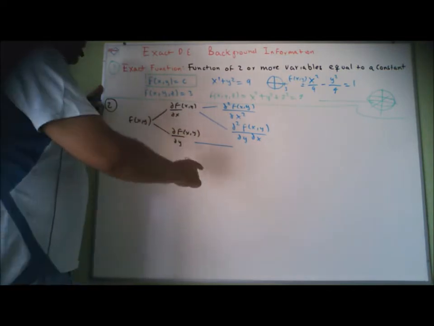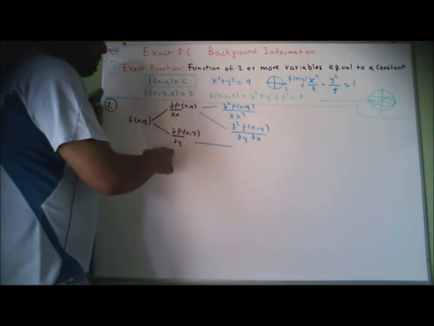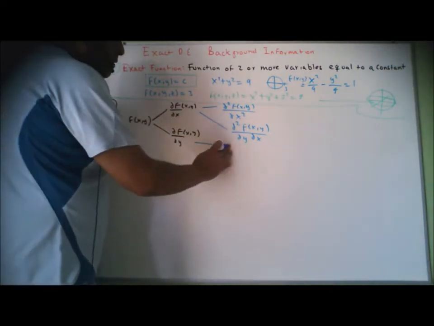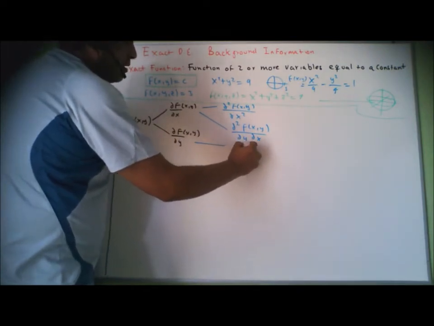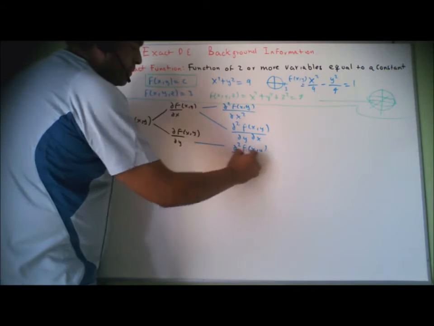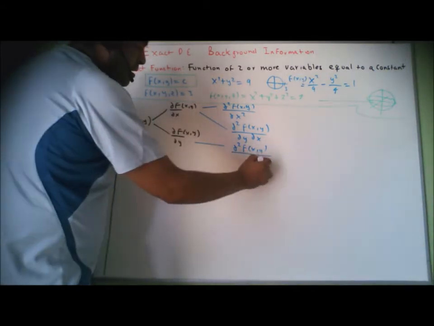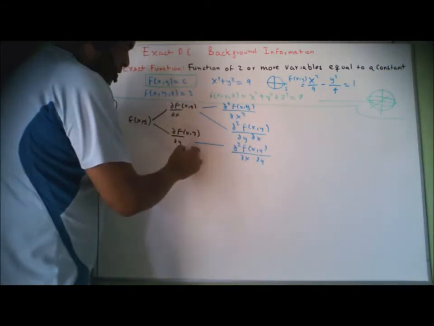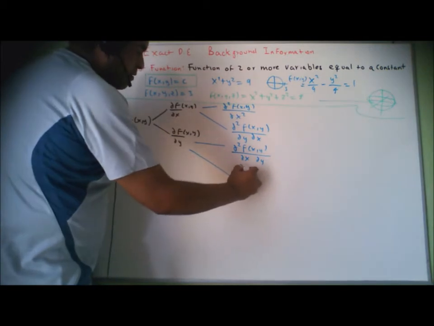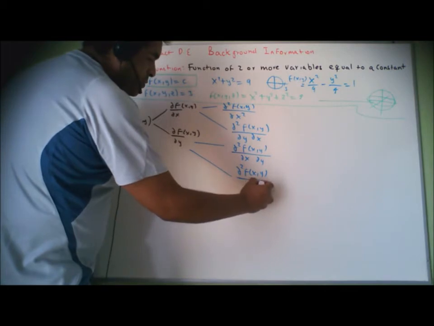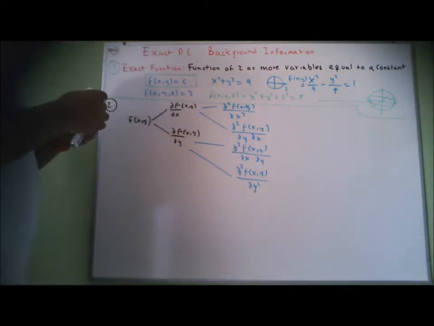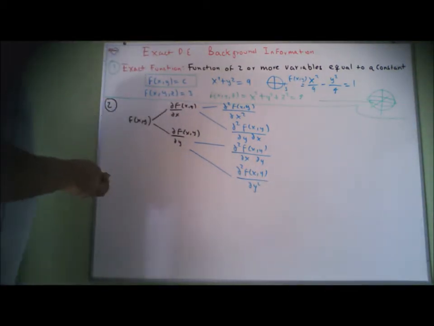You have two choices: the second derivative of the function first with respect to y and then with respect to x, or the second partial derivative of the function two times with respect to y. So this is the first partial derivative level.